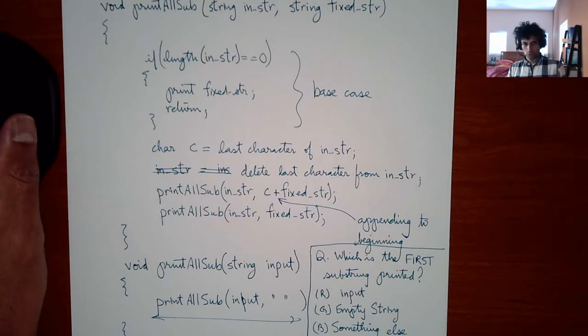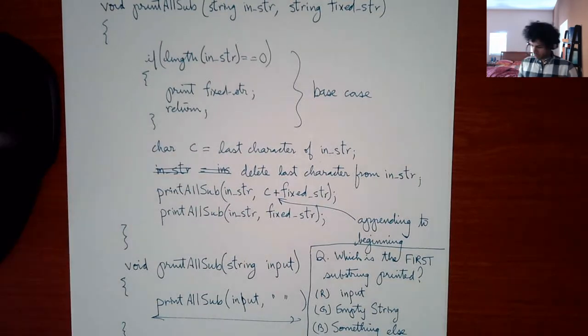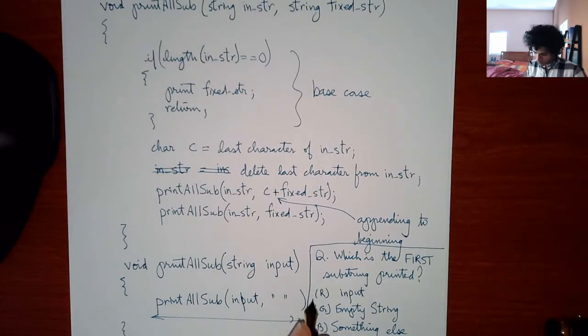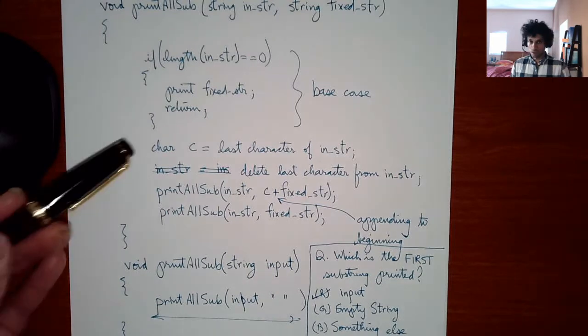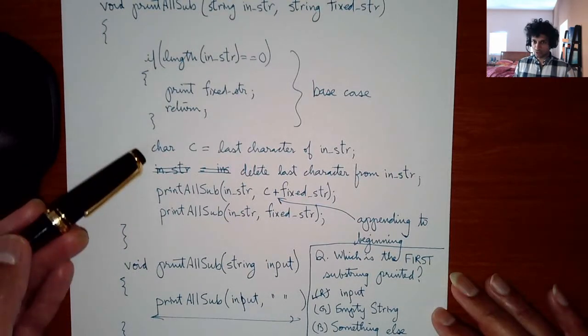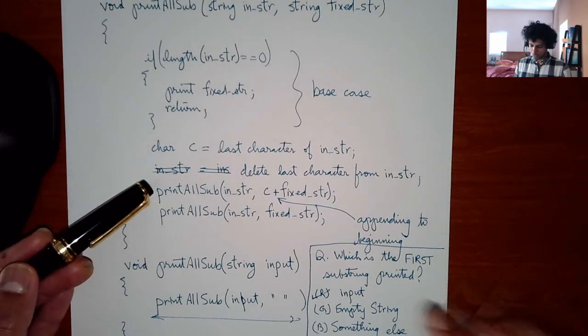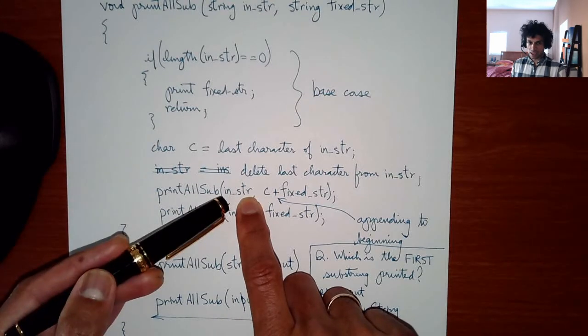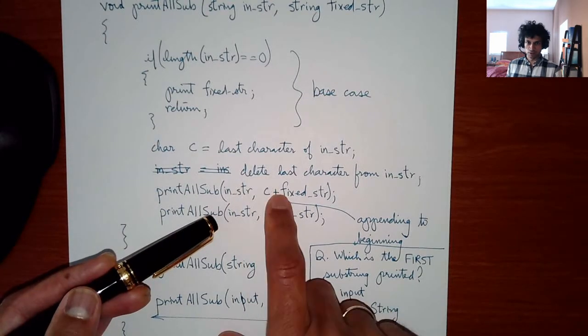I'm going to end the poll now. It's split between all the answers, but more people gave the correct one, which is the entire input. Now, why is it the entire input? If you look at the very first recursive call, it takes the last character of input and adds it to the fixed string.